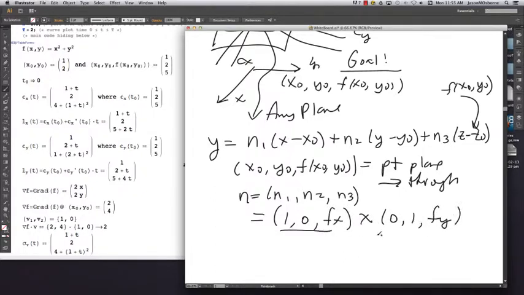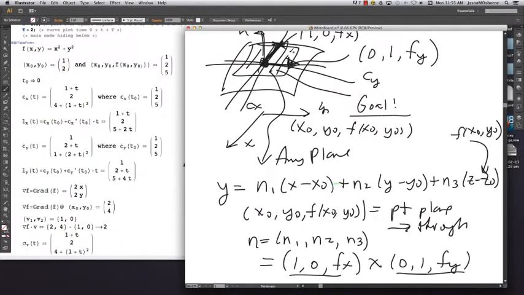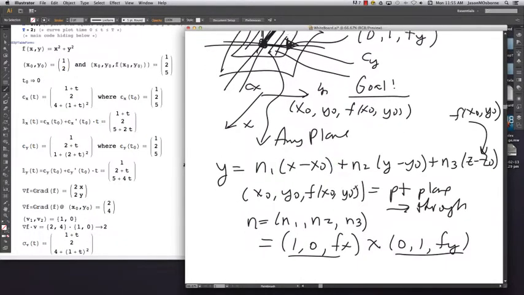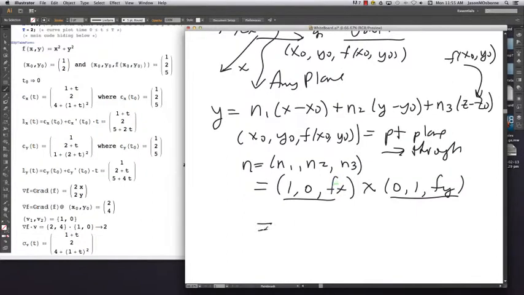These were your direction vectors for your two lines. They are in that plane. So cross product them together, and you will have your normal vector. And if you have your normal vector, you will then be able to fill in the equation of the plane.